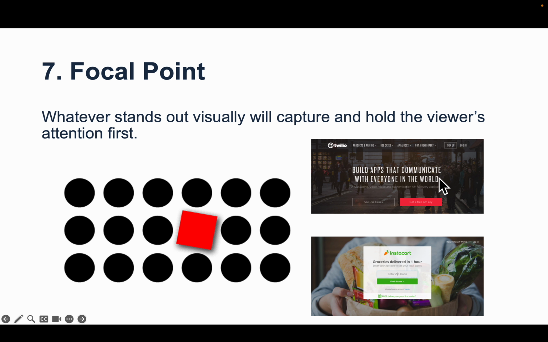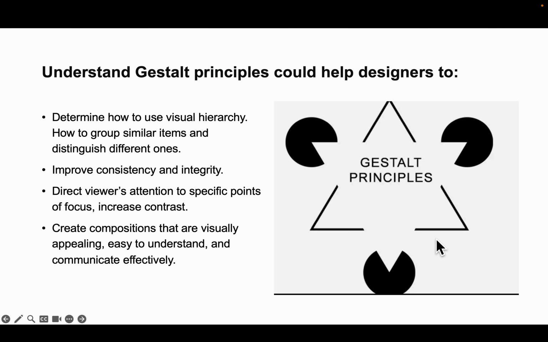So usually when you're using a website, the most important button will stand out, right? It's using a different color than other elements. It's intended to catch your attention first, so people can find the important button easier. So that's a good example of focal points.